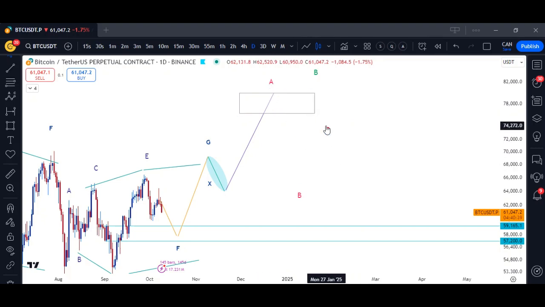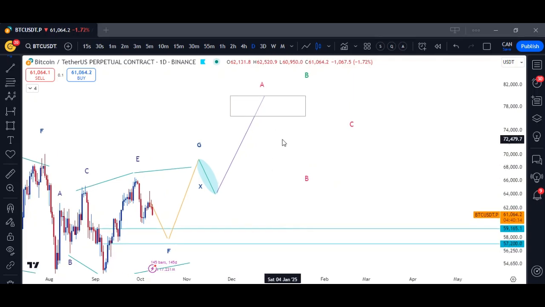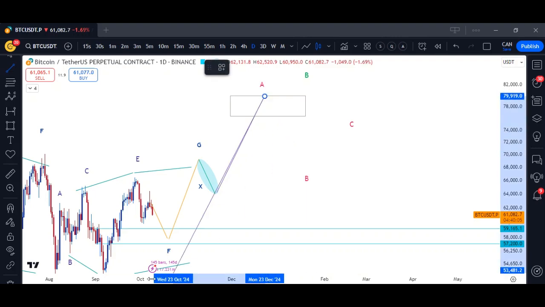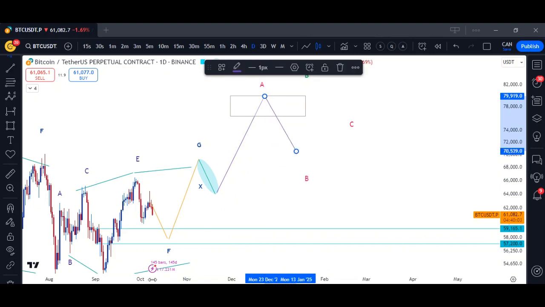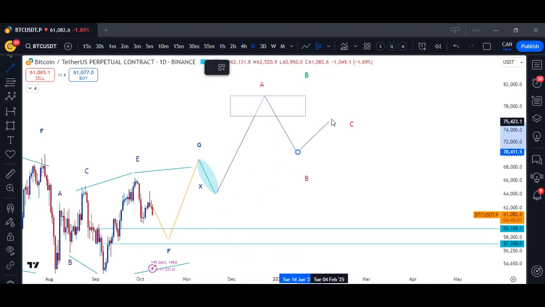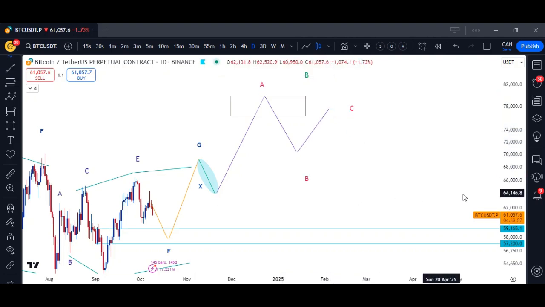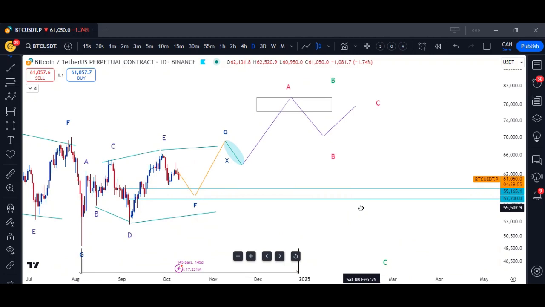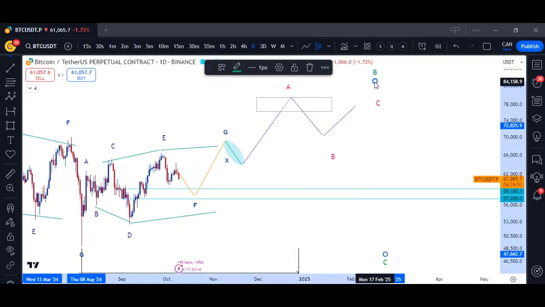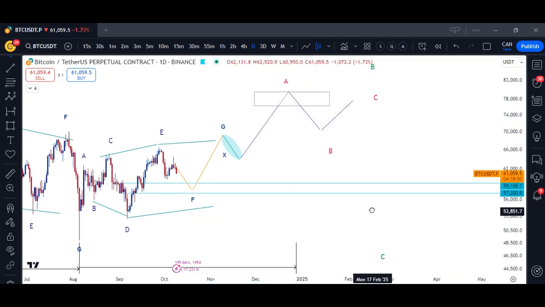This could be all the way Bitcoin could actually go up. And once we are done with the new all-time high, we could get another correction in order to finish our wave B, and then price could actually give a retest of the higher levels before finishing up our wave B of our correction pattern.